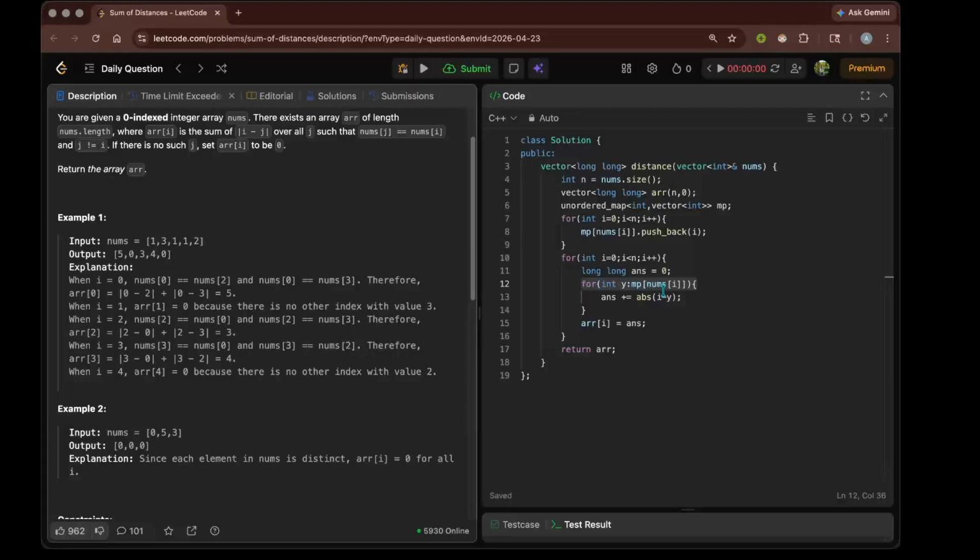Now need to think whether it would be a TLE or not. So think of all the elements are the same. For each index, at the last index we need to check all the n minus 1 elements. For 0 there is 0. For 1 we need to find 1.